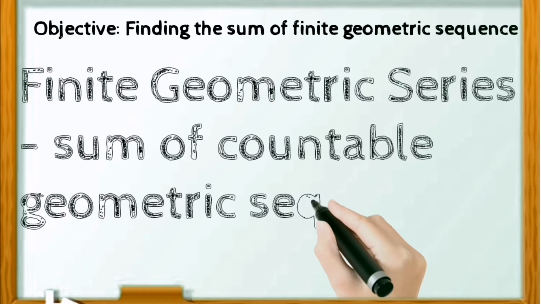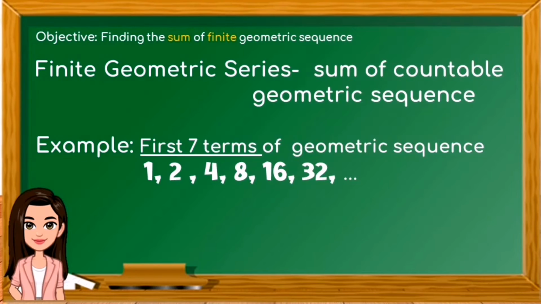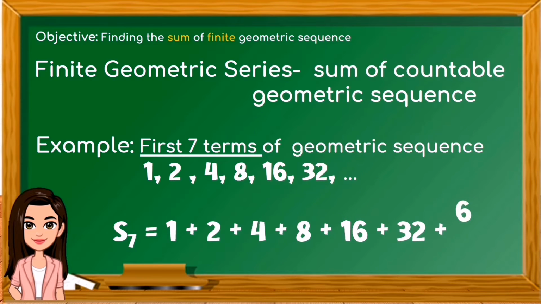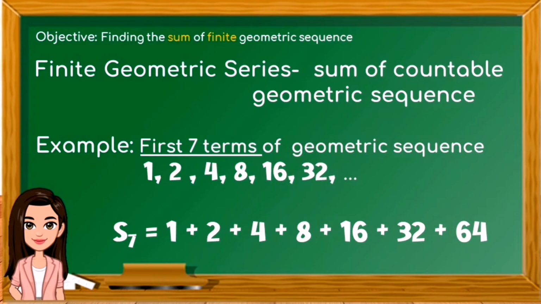For example, write the first 7 terms of the geometric sequence 1, 2, 4, 8, 16, 32. That is, S sub 7 is equal to 1 plus 2 plus 4 plus 8 plus 16 plus 32 plus 64. You just need to replace the comma with an addition symbol.